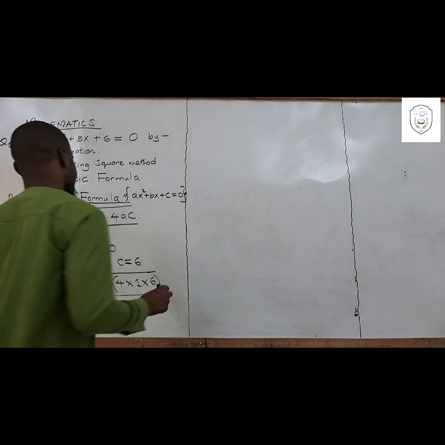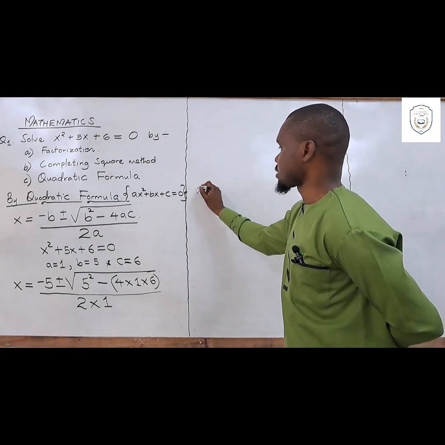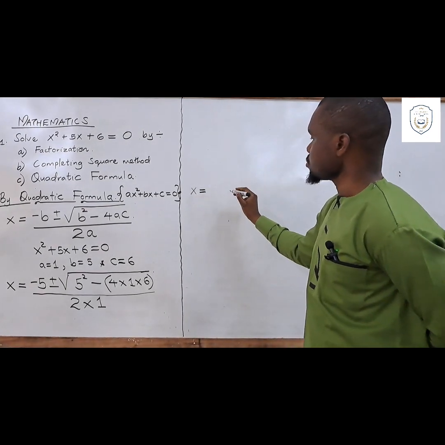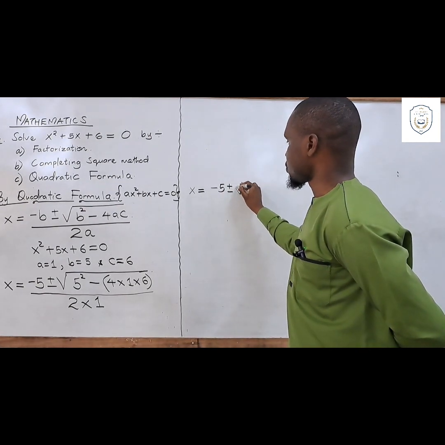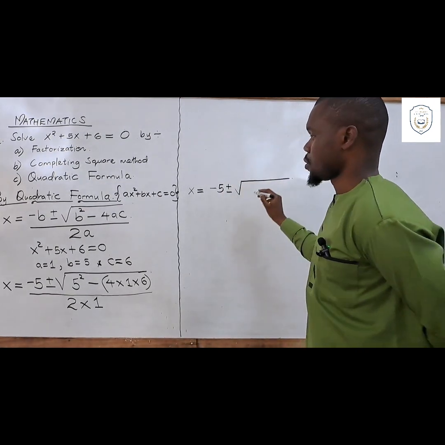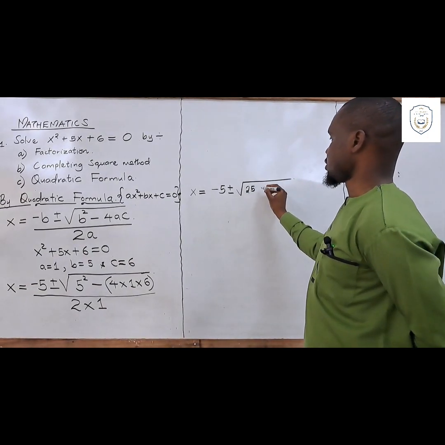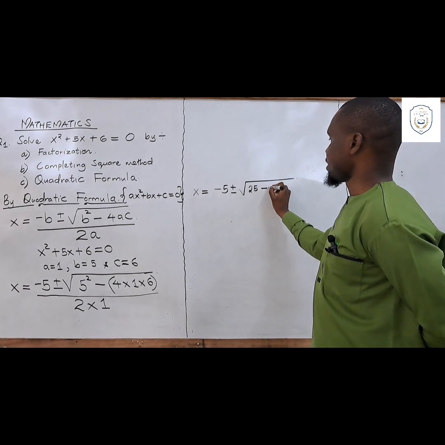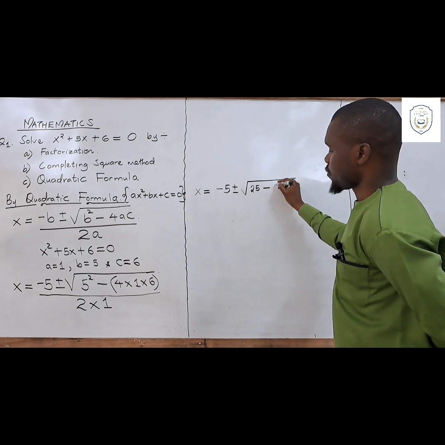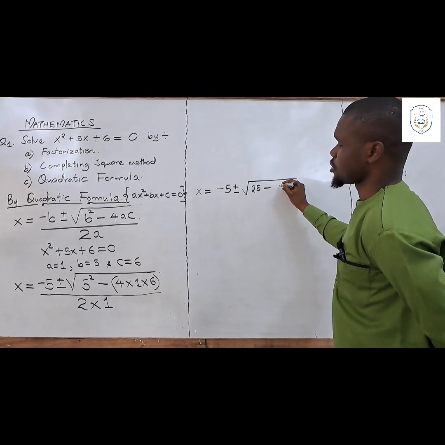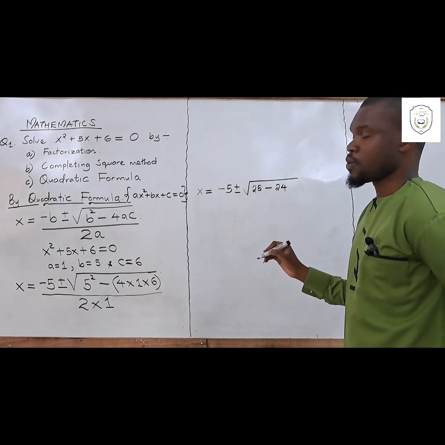If I simplify this, we can say that x equals negative 5 plus or minus the square root of 25 minus 4 multiplied by 1 multiplied by 6, which gives us 24.